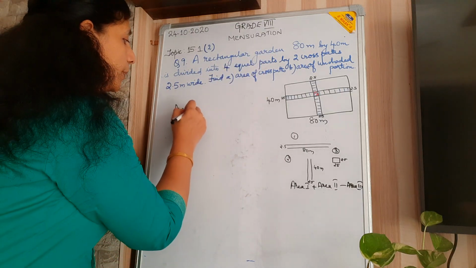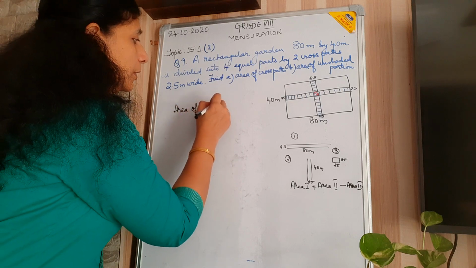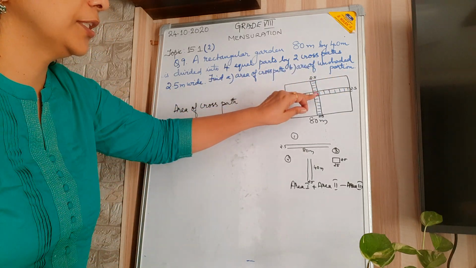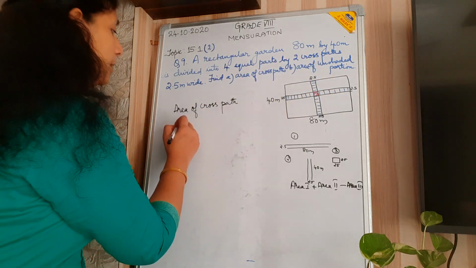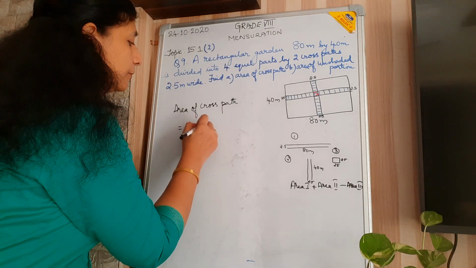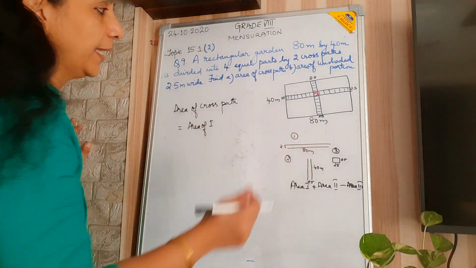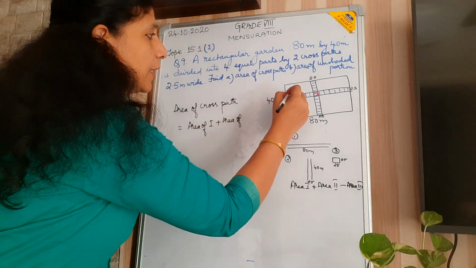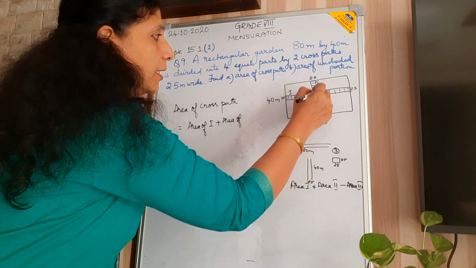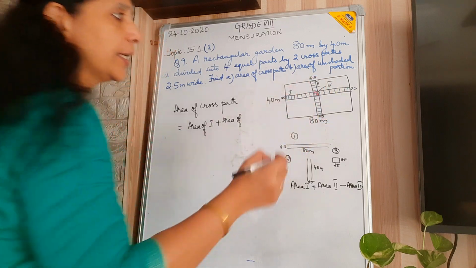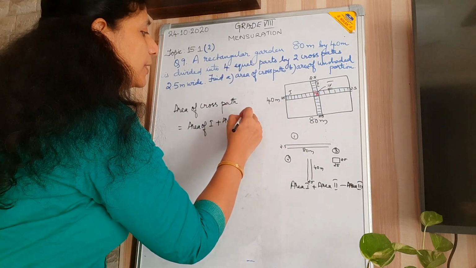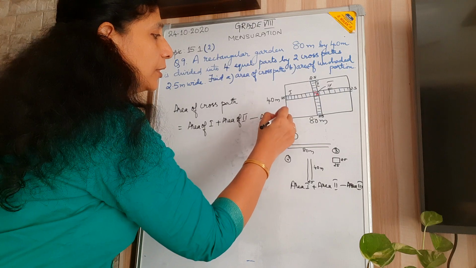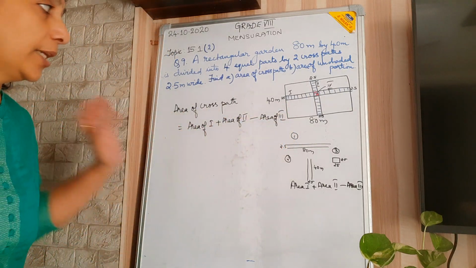So the first question is to find the area of cross paths. Because while calculating the second area you have already covered this portion, that is why you are subtracting it. That is, area of the first, along the length, plus area of the second, minus the area of the third, the center one.